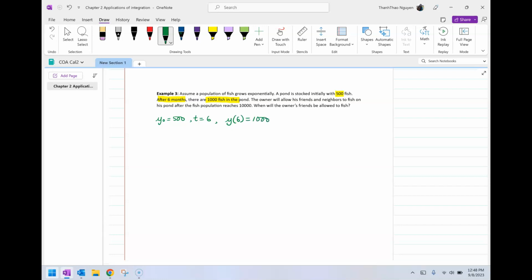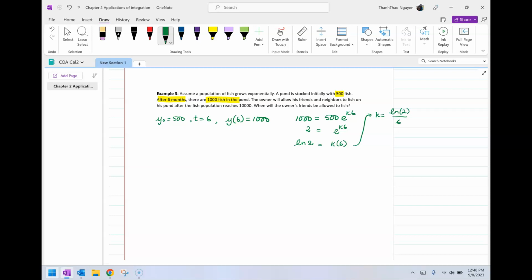I can set up the equation 1,000 equals 500 times e to the k times 6. Then 2 equals e to the 6k. This means ln of 2 equals 6k, so k equals ln of 2 divided by 6.